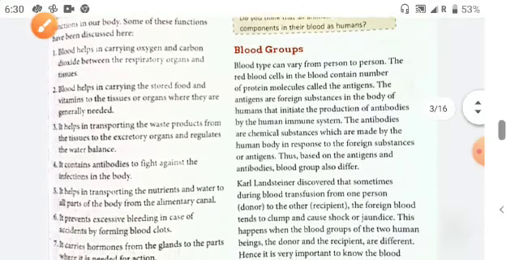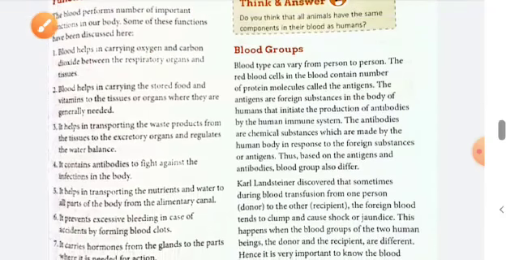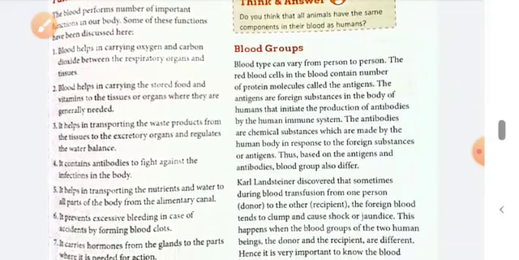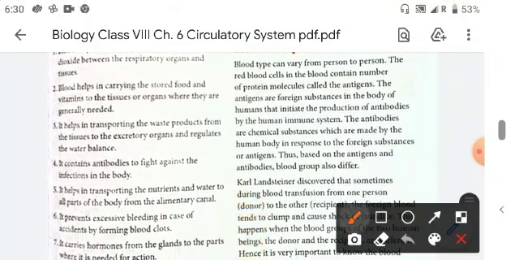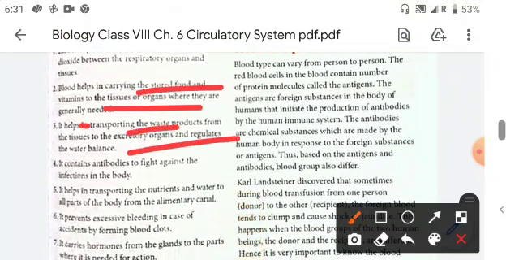Second, blood helps in carrying the stored food and vitamins to the tissues or organs where they are needed. Blood also helps in transporting waste products from the tissues to the excretory organs and regulates the water balance.